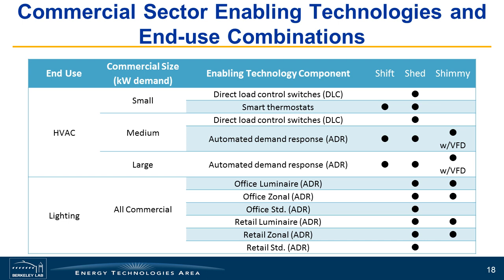So we have HVAC, it's the same story there where the direct load control switches are not going to allow us to do any type of shifting service, but certainly can still provide shed. When you put a variable frequency drive, which is what the VFD stands for, if you couple a variable frequency drive with automated demand response on an HVAC unit in a commercial building, you can do shimmy. You can start doing some regulation and load following, fast response demand response.